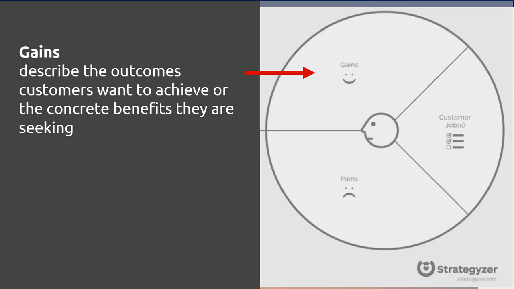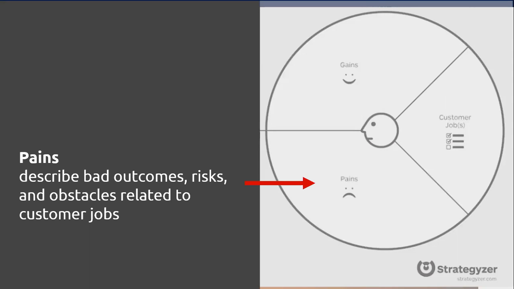Gains describe the outcomes customers want to achieve or the concrete benefits they are seeking. The pains are the bad outcomes and risks and obstacles which are related to customer jobs.